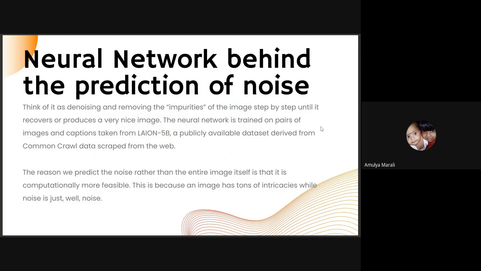And we'll see how we make use of this noise prediction model or neural network in order to get back our original image from the noise that has been created. Any questions so far before we get into the process? Okay, then I'll take it as a no and I'll go forward.